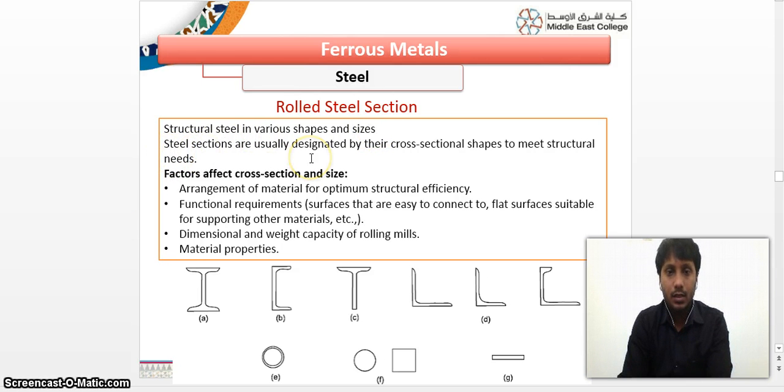Steel sections are usually designated by their cross-sectional shapes to meet structural needs. What factors affect this cross-section and size? Arrangement of material for optimum structural efficiency, functional requirements, dimensional weight capacity and material properties.